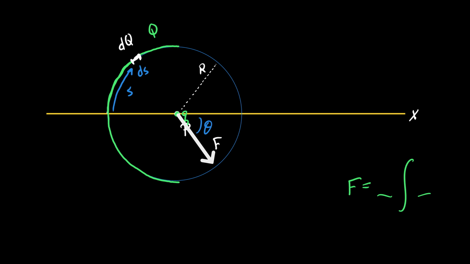Well, I'm noticing some symmetry. Are you noticing the symmetry as well? With that symmetry, I notice that if there's an F directed downwards, based on the symmetry, there's probably another F that's going to be directed upwards at the same angle, which suggests to me that I'm not going to be interested in F, but I'm going to be interested in F along the x-axis. Wouldn't you guys agree?